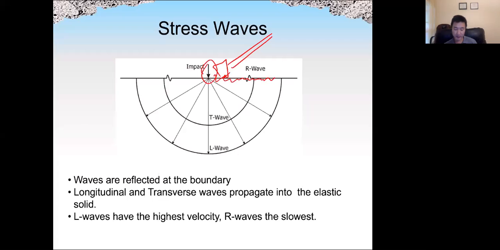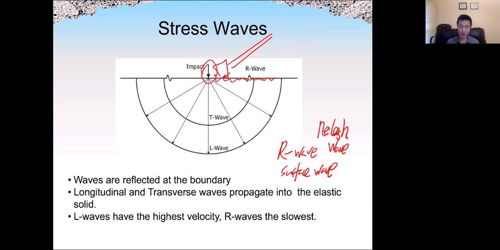For that wave, we call it the R wave, or surface wave, or Rayleigh wave, the same thing. This is one of the waves transferred only at the boundary between one medium, which is the concrete, and the other medium, which is air.